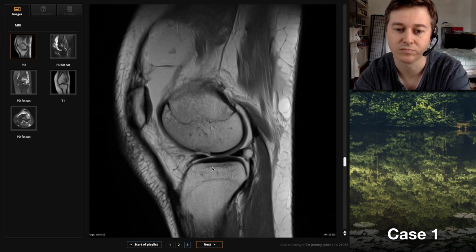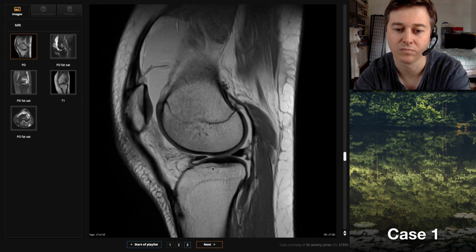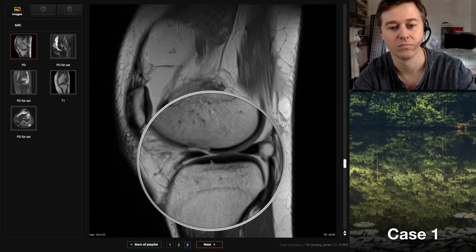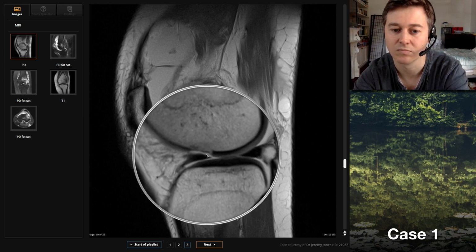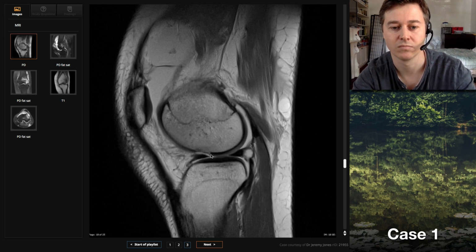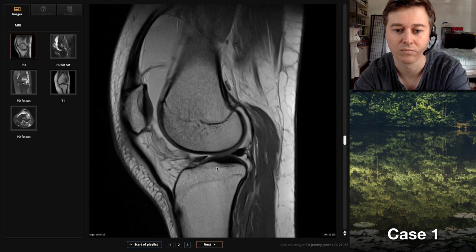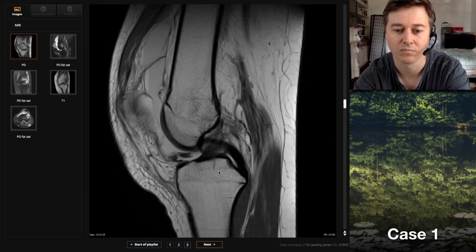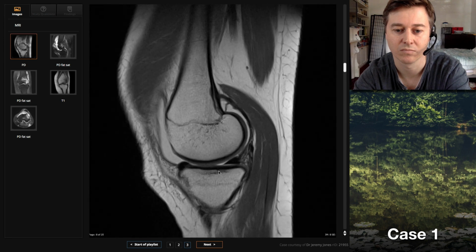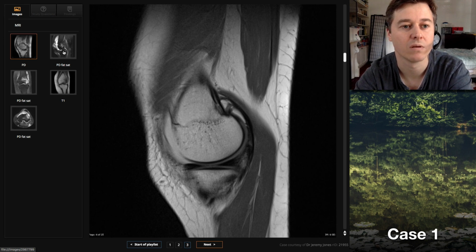I can see there at the lateral femoral condyle that there is a defect of the cortical bone and the cartilage. So I think this is most likely where the donor site is. And so then I think I'd like to further review the FAT-SAT sequences to review for bone marrow edema.